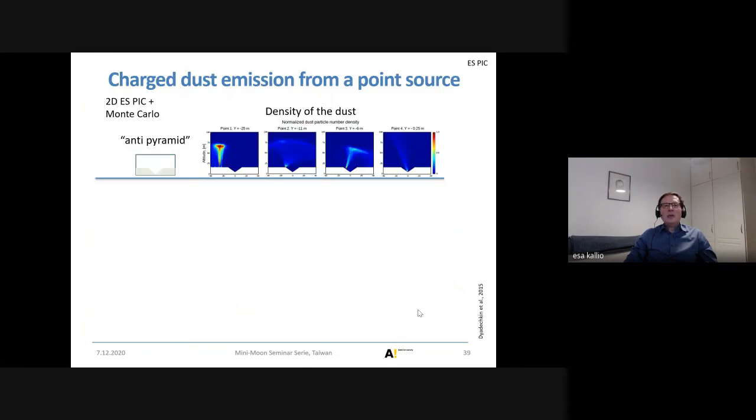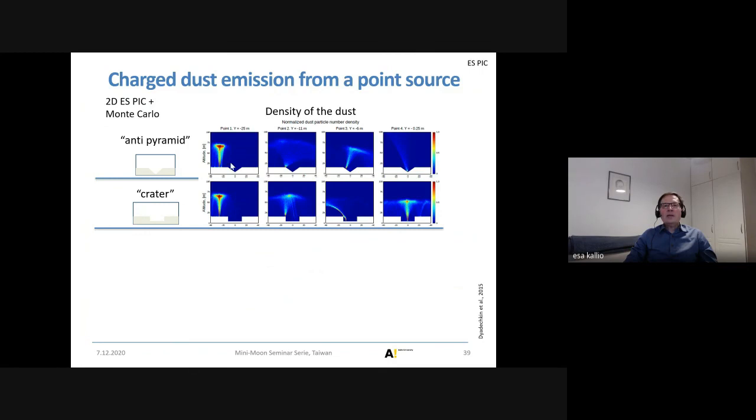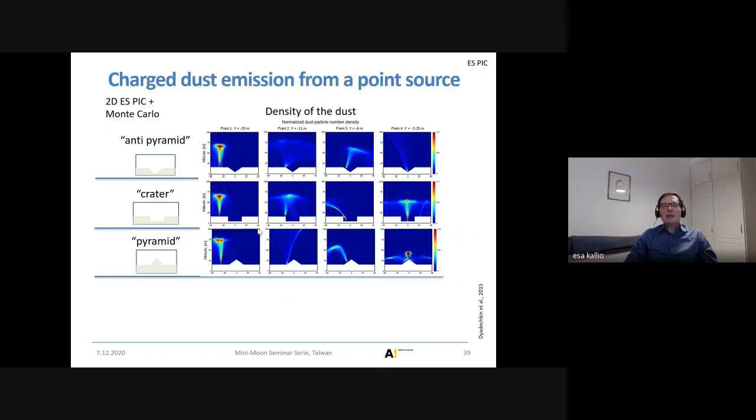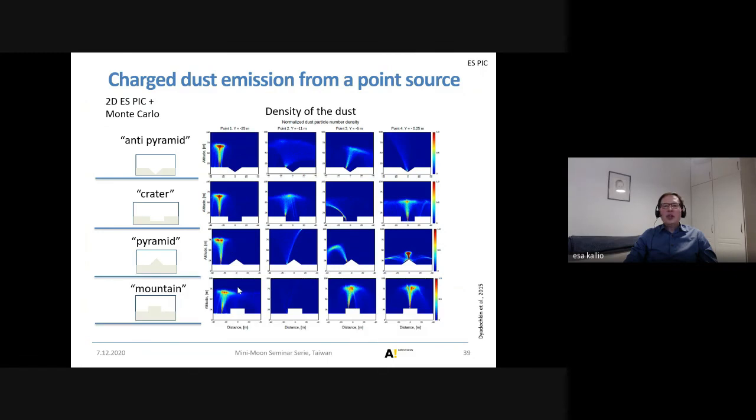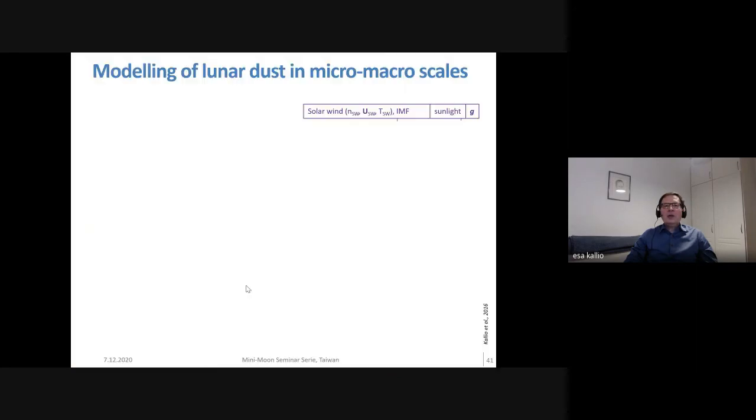As I mentioned, you can make a Monte Carlo simulation and investigate how dust particles emitted at different places are changing. If you have a rover or a moon base, it's also important to know how the dust is behaving. And you may ask how to combine micro and macro. I have just one slide about this.